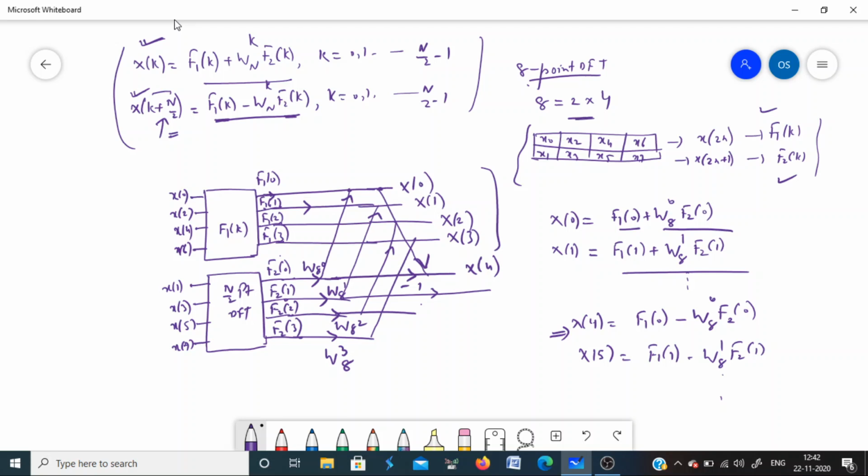Similarly, you multiply this branch with minus 1, add with this, you will get X[5]. Multiply this with minus 1, add here, you will get X[6]. So finally multiply this with minus 1 and add with this branch, you will get X[7].